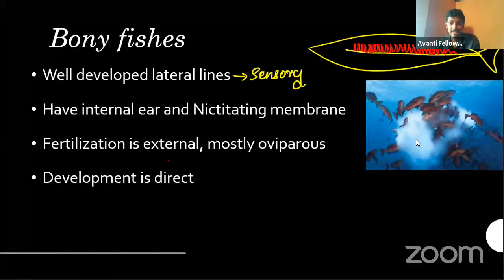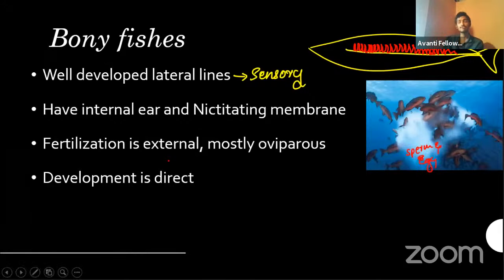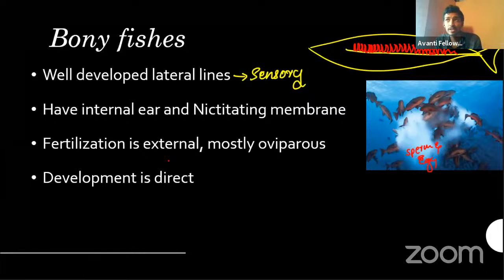What you can see here, a cloud-like thing, is actually the sperm and egg. Normally some of these fishes will mate in groups. Why will they do that? The main reason is that when they do it in groups, there is a high chance of crossing between different kinds.